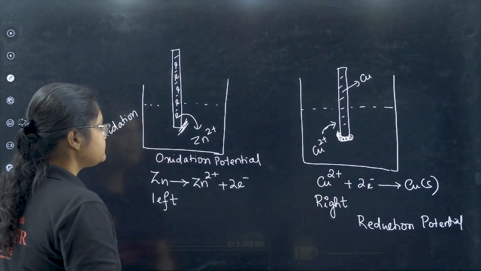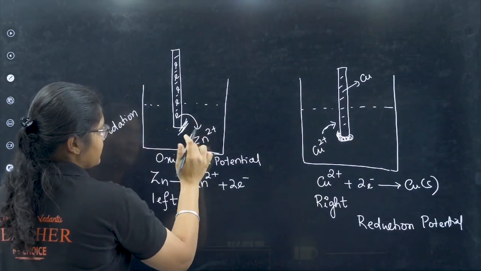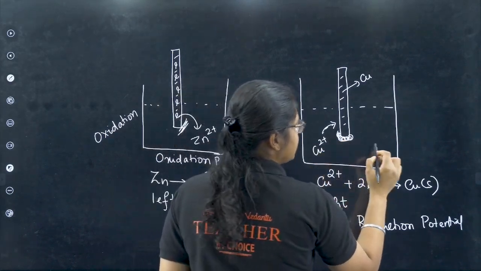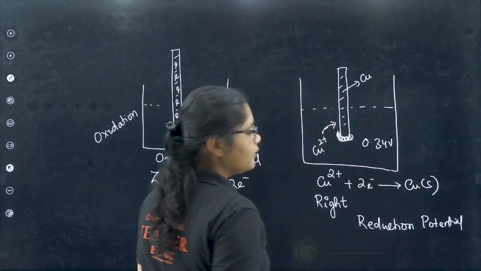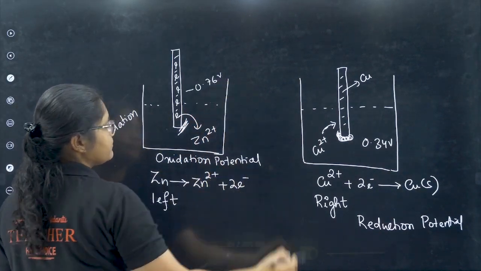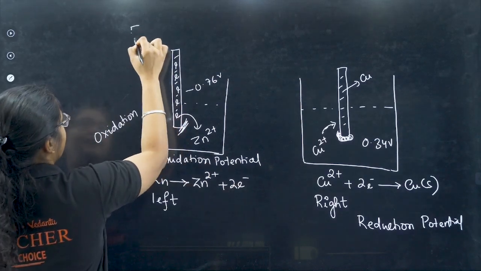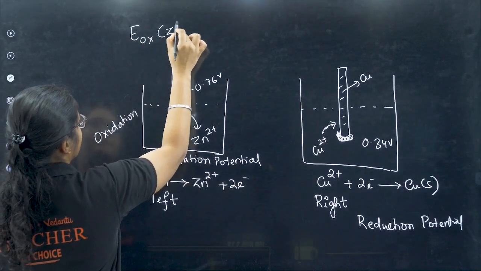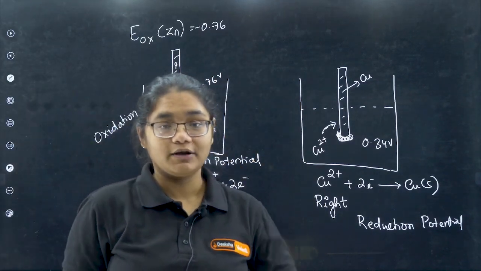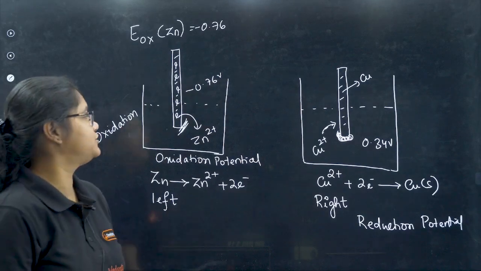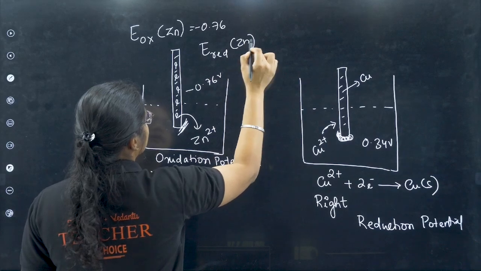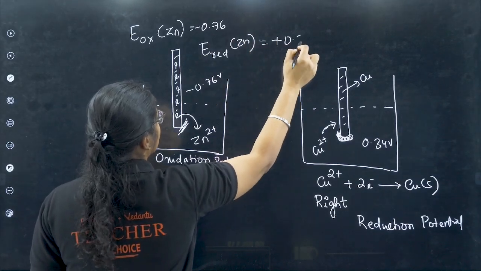Now how does that happen? For example, copper is undergoing reduction, so this potential is 0.34 volt, and the zinc oxidation potential is minus 0.76 volt. So E oxidation of zinc is minus 0.76. But IUPAC told me to represent everything as reduction potential, so for E reduction of zinc the sign will change.